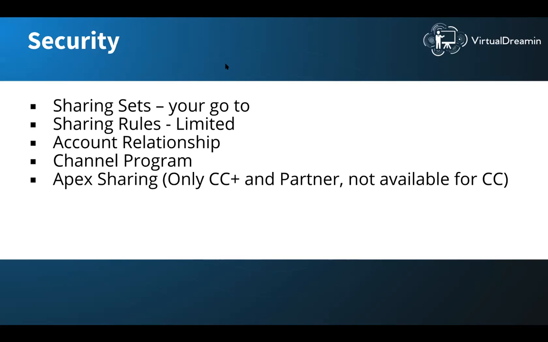Then you have your sharing rules. These are limited and you should use them in a limited fashion. If at all possible, try to use sharing sets. There are times when you need sharing rules. When you use them, think about the best way to put them together.